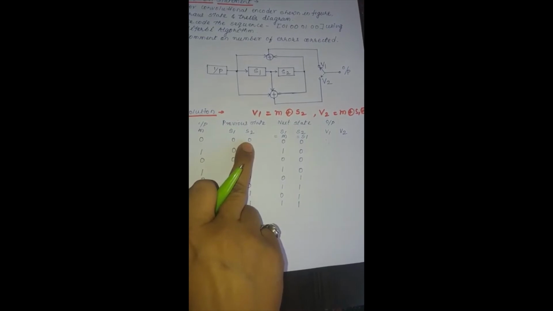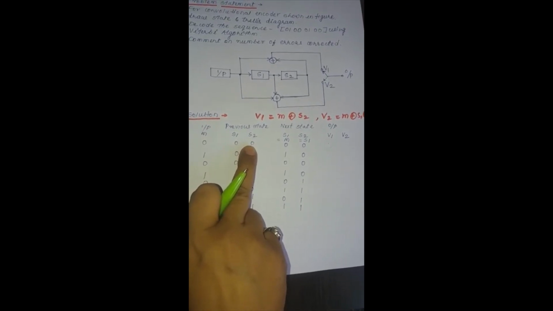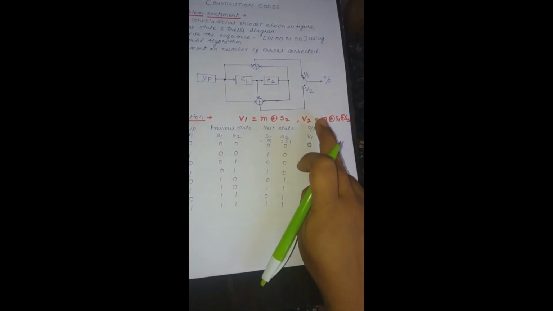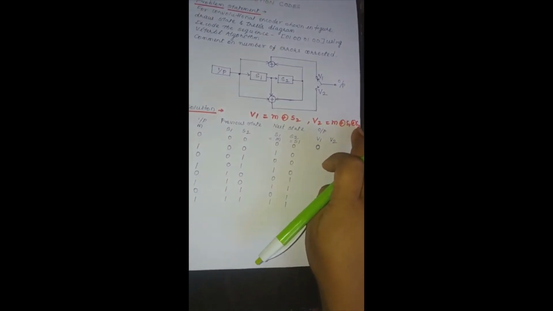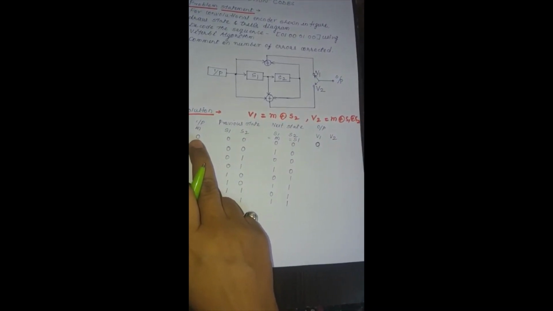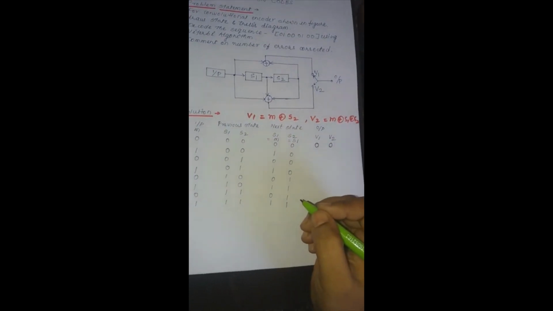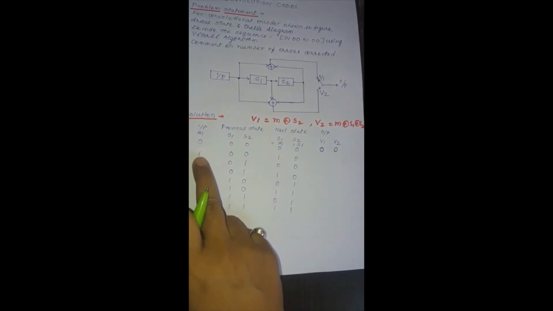So M is 0, previous state S2 is 0, 0 XOR 0 is 0. Similarly for V2, the equation is M XOR S1 XOR S2. So here we have the three inputs as 0, 0, 0. Hence the XORing output comes out to be 0. Similarly, we'll go for the next state.